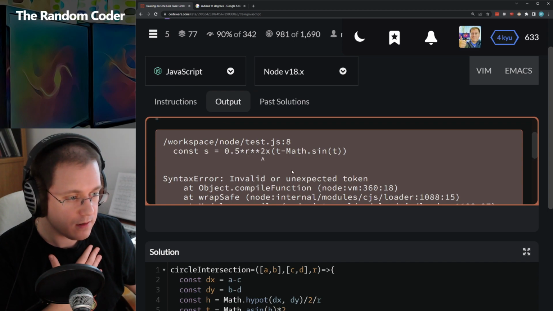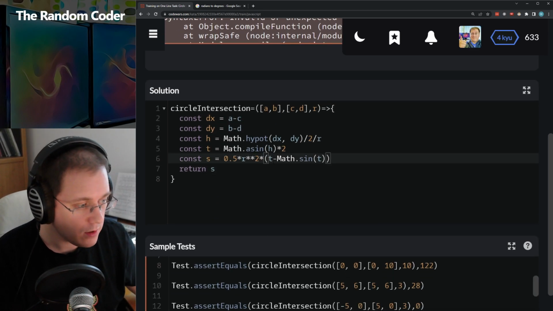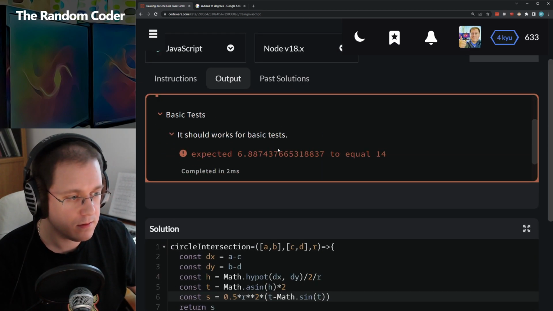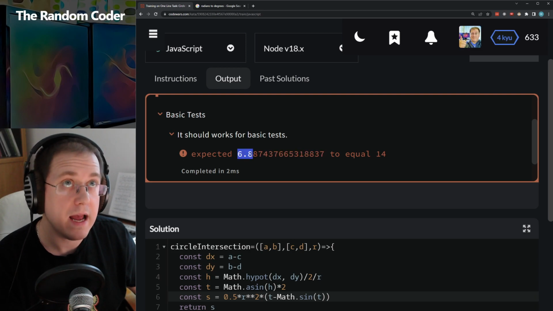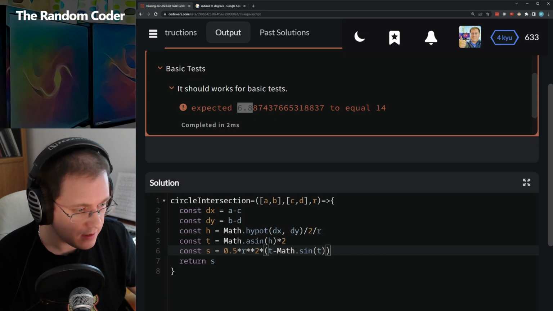What's wrong with that? Oh, I've used an x. Like a fool. Okay. Ah, yes. Okay, so I've actually just calculated the area of a single segment. My bad.